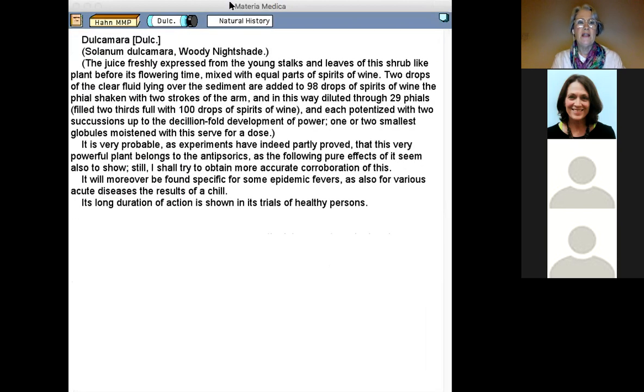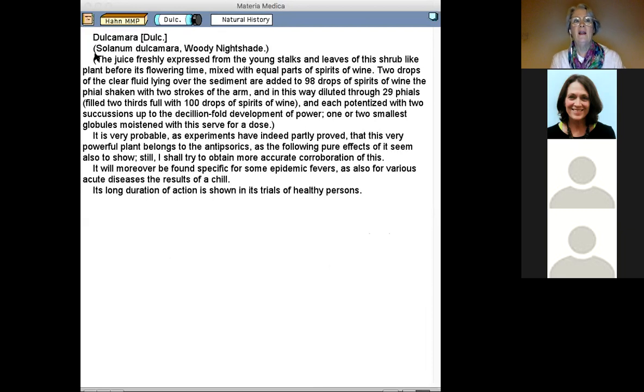If we look at the natural history of it, the Latin name Solanum dulcamara, it's called woody nightshade. It's also called bittersweet root and a bunch of other things.